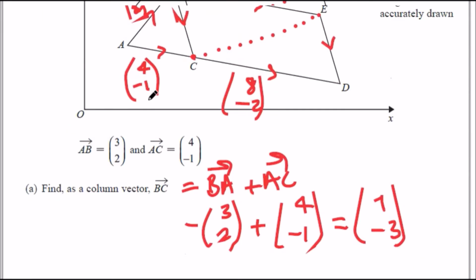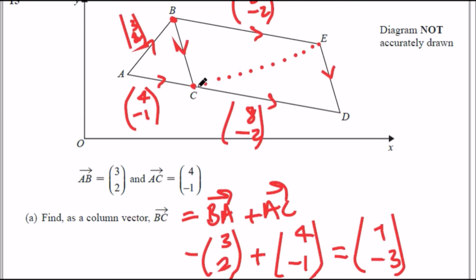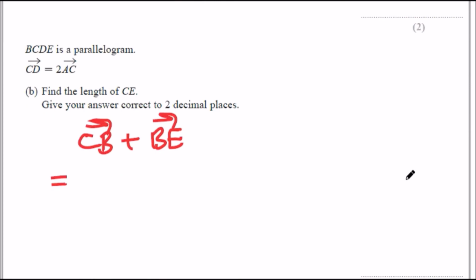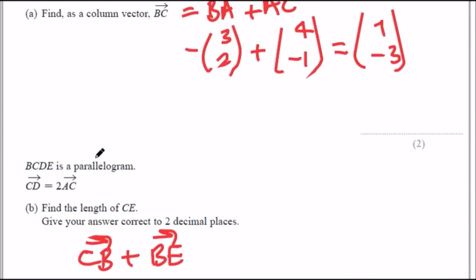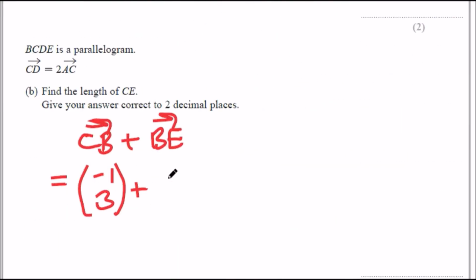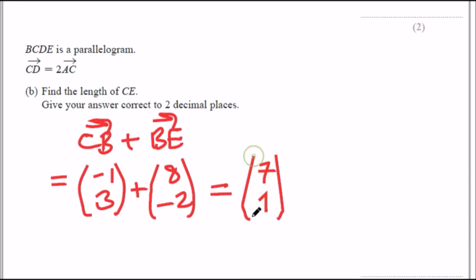Well, CB is going to be negative this value, so it'll be (-1, 3), the opposite. And then BE is just going to be the vector (8, -2). Adding these up, -1 plus 8 is 7, and 3 plus -2 is +1. And that's it, we've got a vector.